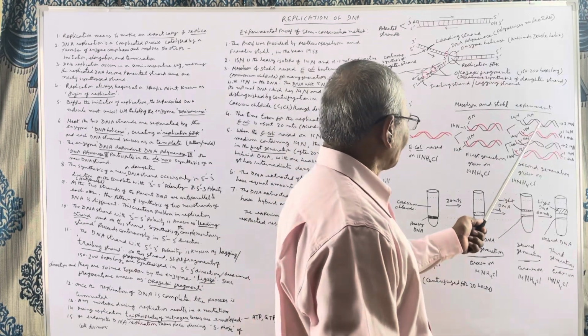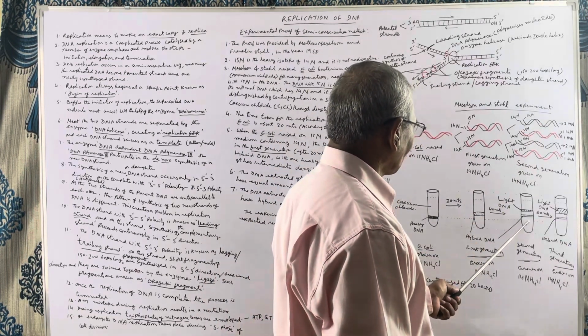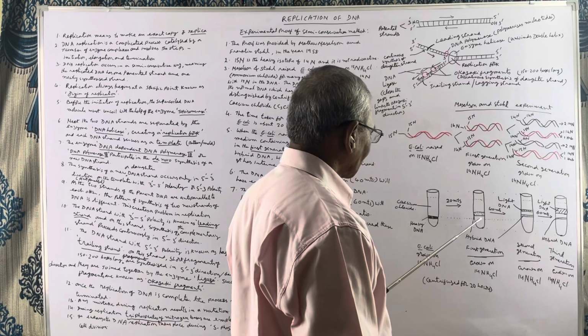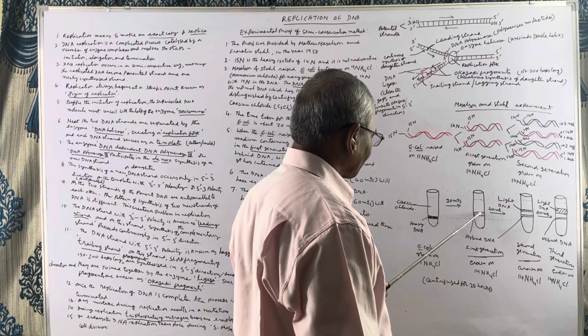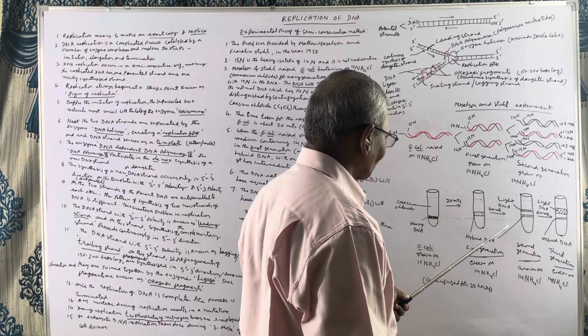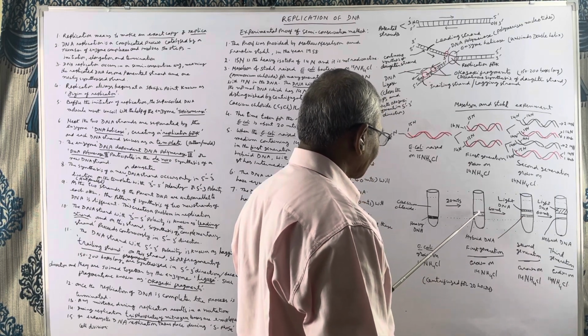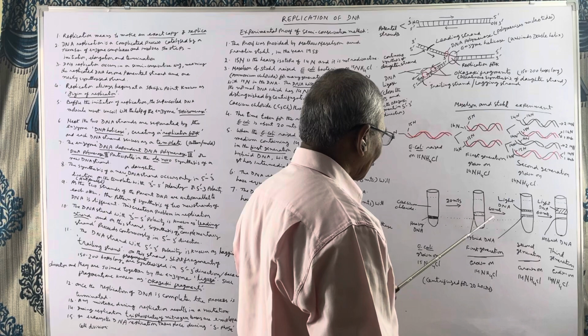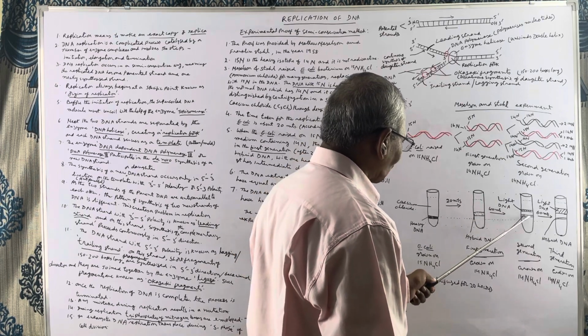So if you centrifuge after 40 minutes, you get bands like this. See the width of this band. This is two times to this one. That means this is hybrid DNA. It is 2 times more than this one.